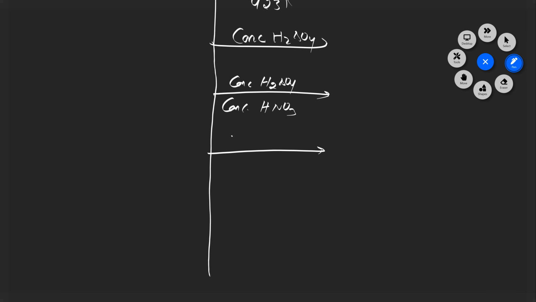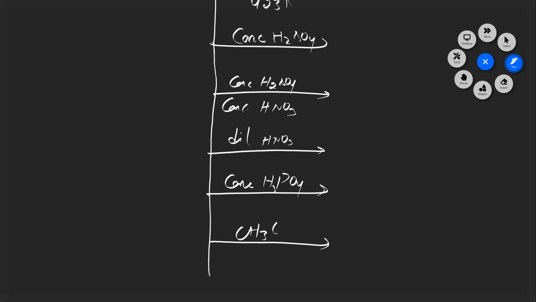Next one is concentrated HNO3, then dilute HNO3. Next one is concentrated H3PO4, phosphoric acid. Next one is acetic acid.